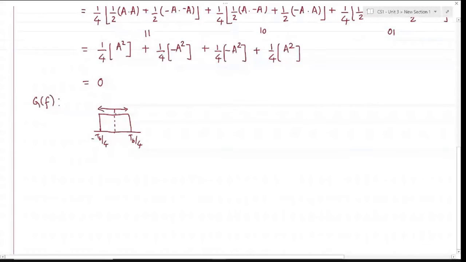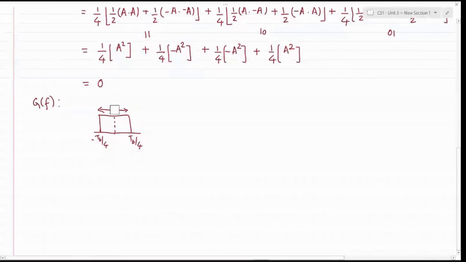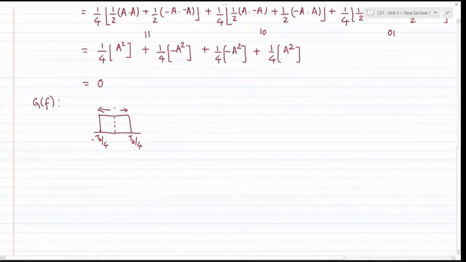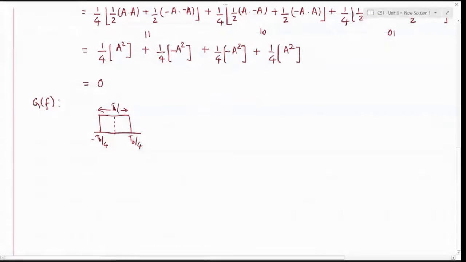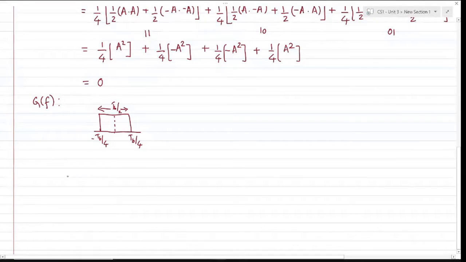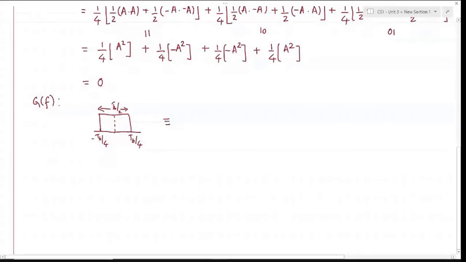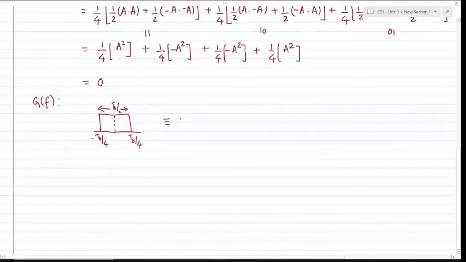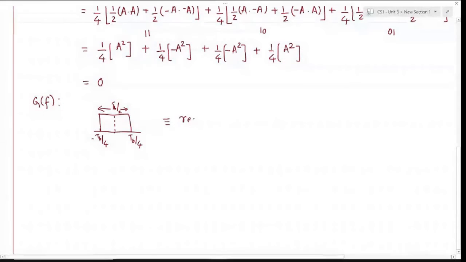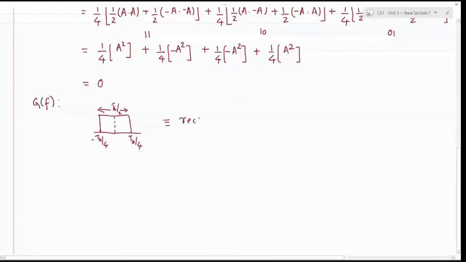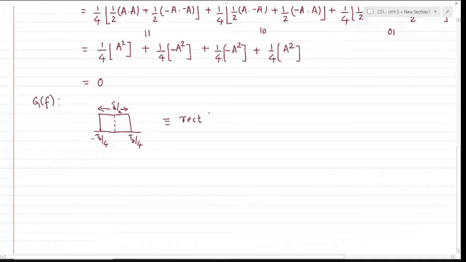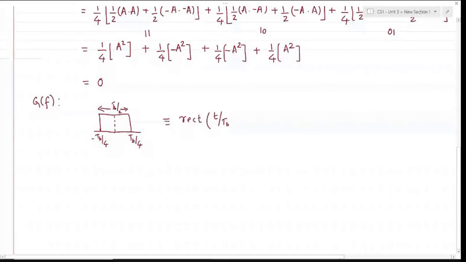In other words, this is tb over 2. Okay, this is for 1/2 the duration, which I can represent mathematically as a rectangular function, t over tb by 2.